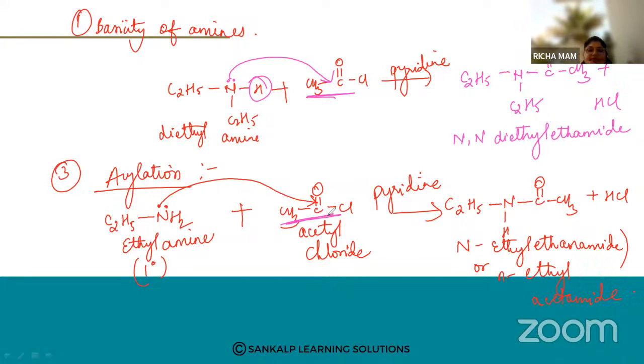So let us see acylation on aniline. I'll take aniline and react it with acetic anhydride. This is acetic anhydride. One mole of acetic anhydride is broken.